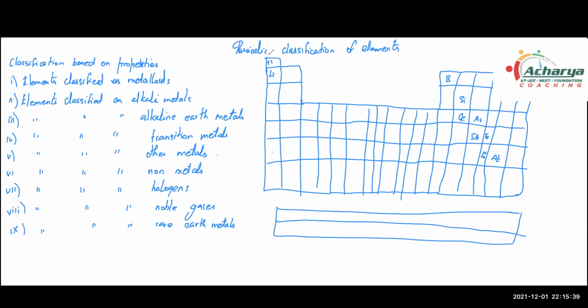So the group numbers would be 1, 2, 3, up to 17. In this, group numbers 13, 14, 15, 16, and 17 contain metalloids.